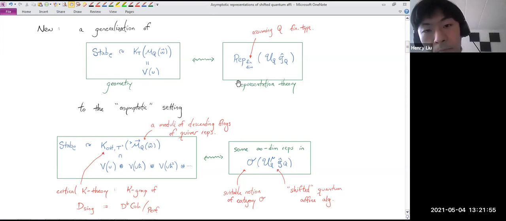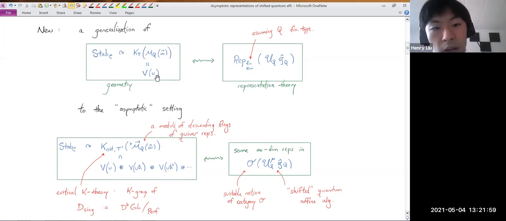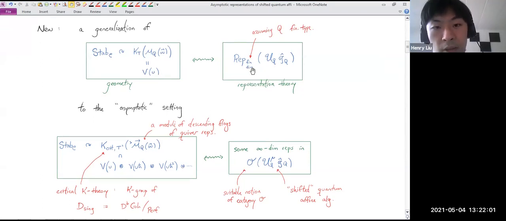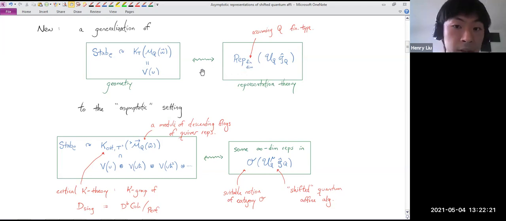And on the representation theoretic side, we study these representations that we get from the geometric side. In fact, if your quiver is of finite type, then these representations are always finite dimensional, and so they actually span all finite dimensional representations. And so you get a very effective way to study from geometry the representation theory of quantum affine algebras.